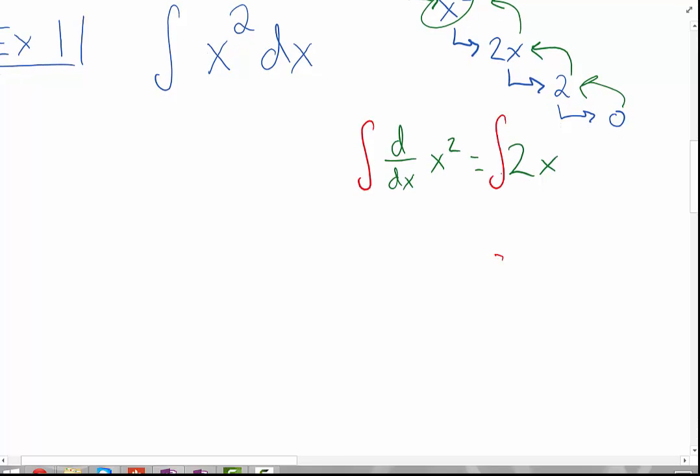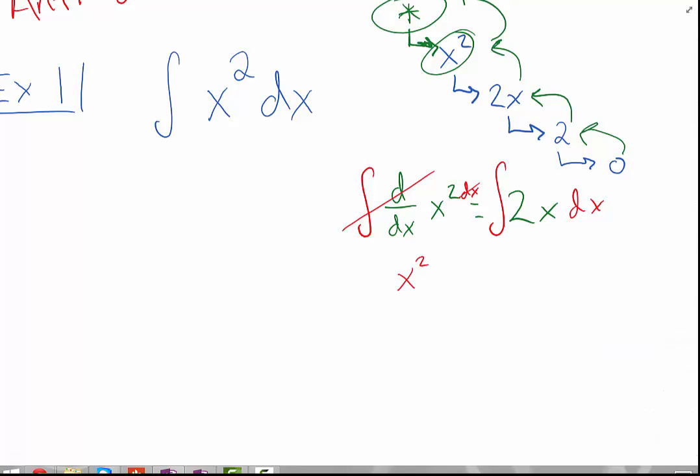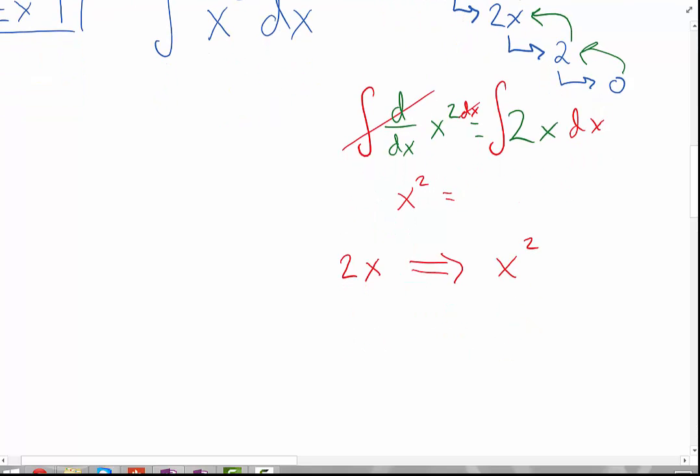When we take the integral of this derivative, they cancel out and we're back to x squared. So when we take the integral of 2x, we need to get back to x squared. What I want you guys to think about is, how could I get from 2x to x squared? I'm starting at 2x. I want to get to x squared. What do I have to do mathematically?